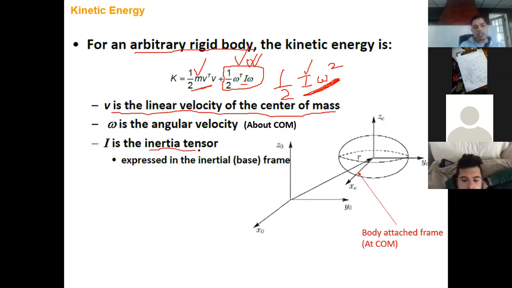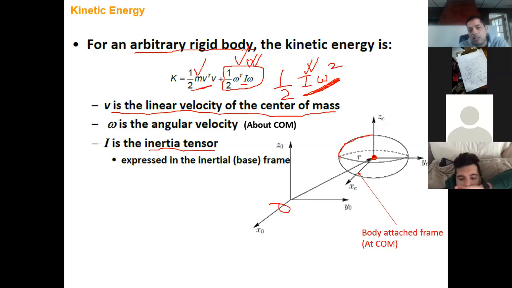Now we call it the inertia tensor. So this I is not this I. This is the simple moment of inertia, but when you write it in this form, we call it the inertia tensor. And that inertia tensor is expressed in the inertial base frame. Again, we have two frames here. This is the base frame. And there is another frame right at the center of mass of this rigid body, this oval here.